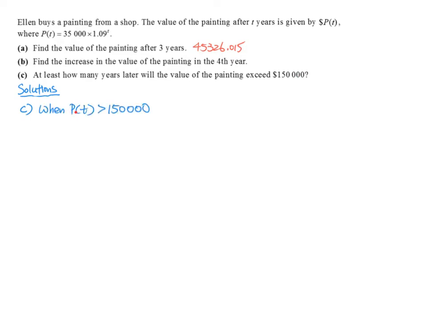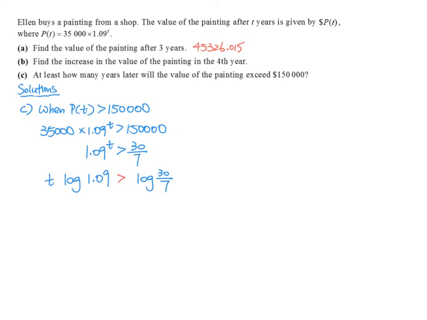Now the value, P of t, the function, we set it greater than 150,000. So we write out the entire function here, and then we move the 35,000 to the other side and simplify it. Then when we log both sides, the t will come down. In another video, we've talked about the inequality not being affected by logging both sides.